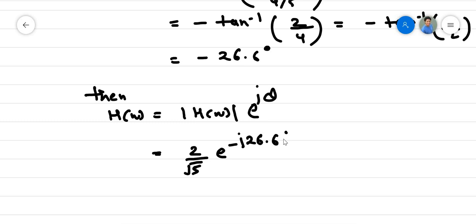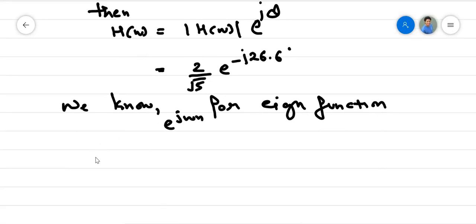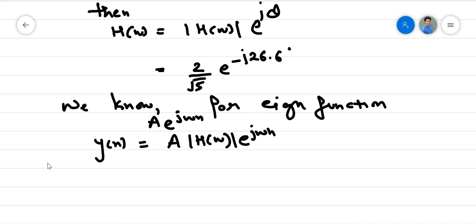And we know for the eigenfunction e^(j omega n), y[n] is equal to A H(omega) e^(j omega n).